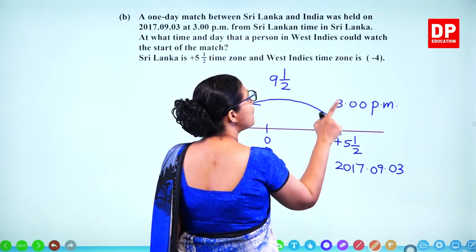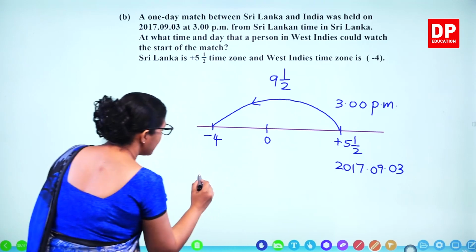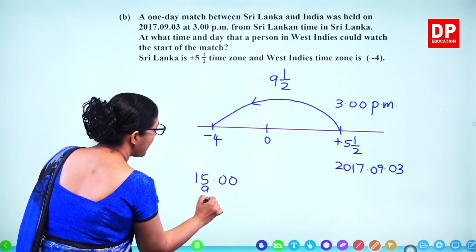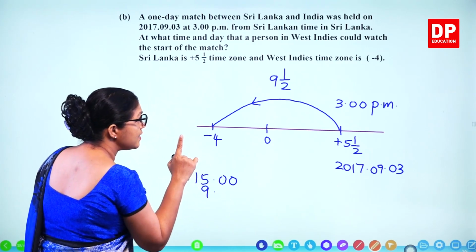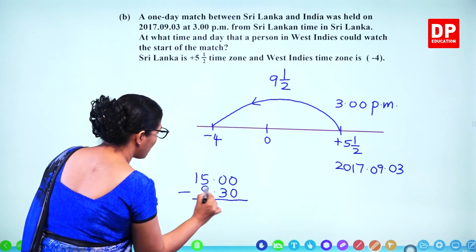that's 12 plus 3, 15 hours, minus 9.5. 9.5 means 9:30. So when you subtract, what happens?